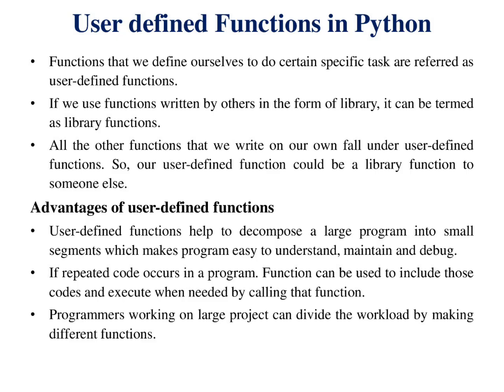If we use functions written by others in the form of a library, they can be termed library functions. All the other functions that we write on our own fall under user-defined functions. So, our user-defined function can be a library function to someone else.